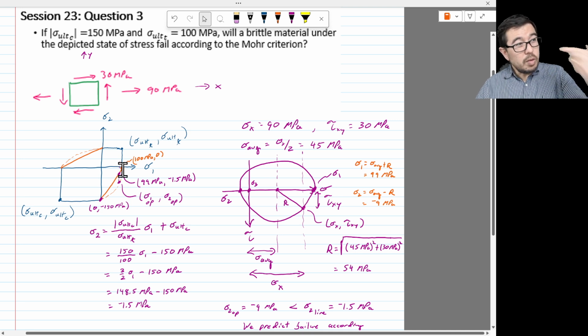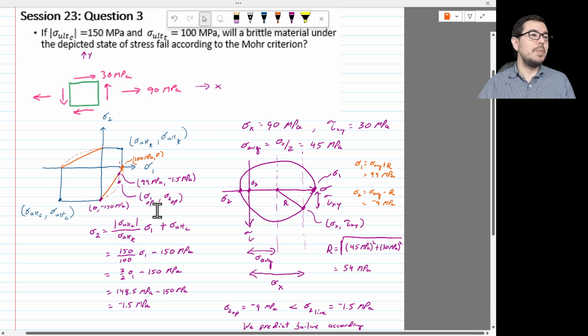But in order to do that, we also have to figure out where we are relative to one of the outer boundaries of the Mohr criterion envelope. And then we're able to make a comparison, or once we know if we're in or out of the envelope, then we can say whether or not we failed. All right. Thank you again.